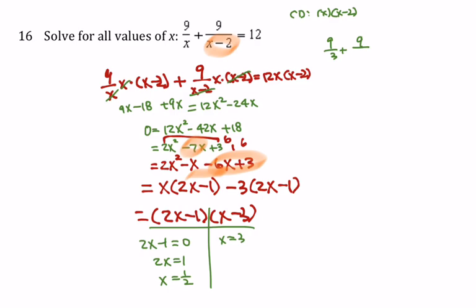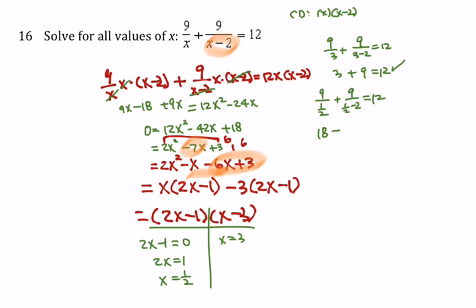Now, as we check the values, we are checking 3 first. Then you can see that 3 works out. How about 1/2? If 1/2 is not that easy for you, then you can put that into a calculator.